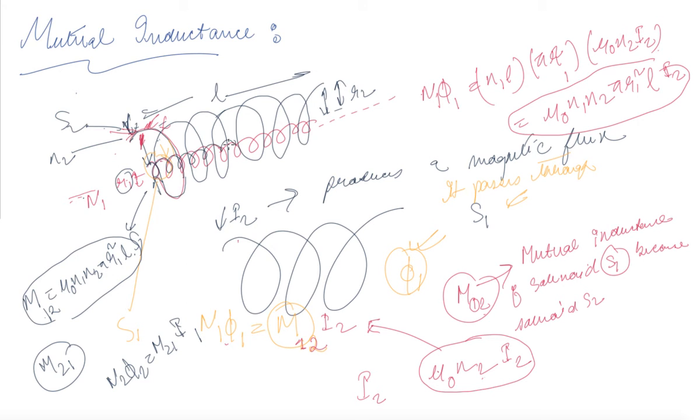N2 phi 2 is given by N2 L pi R1 squared into mu naught N1 I1.